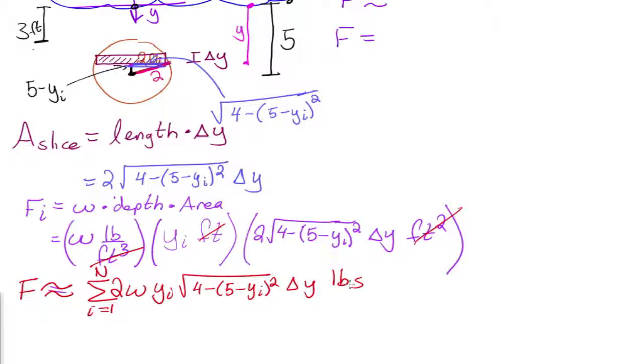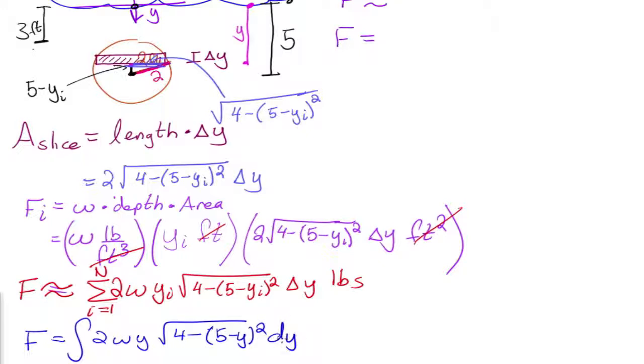And then as an integral, the force is equal to the integral of 2 omega y square root of 4 minus (5 minus y) squared dy, and then this is where we have to bring out our brain again and put in the limits of integration. From where to where do my y values go?